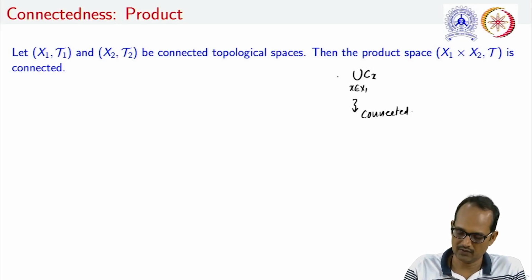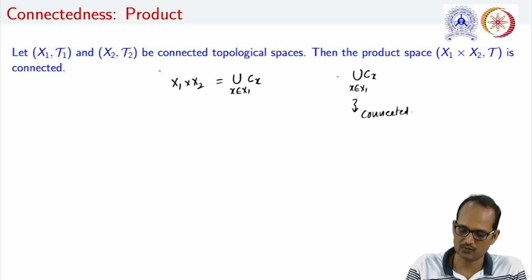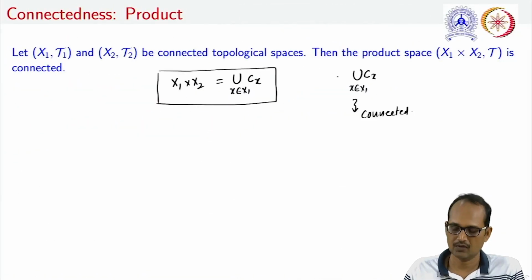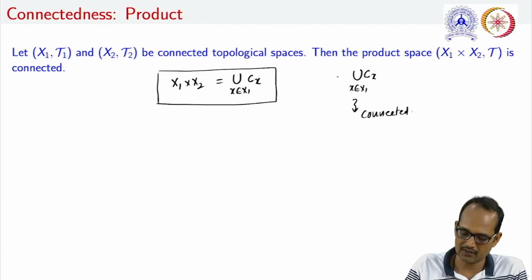But one interesting thing is that this union is precisely the Cartesian product of x1 and x2. That is also clear from this diagram. Therefore, we conclude that the space x1 cross x2 with product topology is connected.